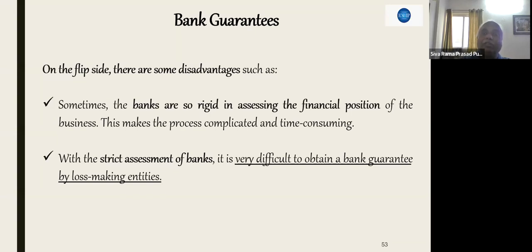A big racket is going on. They are preparing the bank guarantees and selling them. Even if all the particular assets are required along with commission and processing, they will sell the bank guarantee for 10 lakhs. You give 1,000 or 2,000. Like that they are selling.